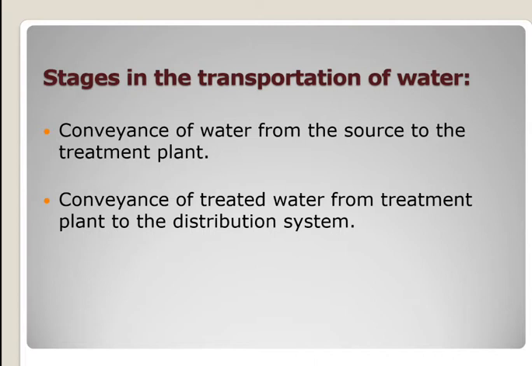Suppose the treatment plant is at a lower level, what we do is the water from the treatment plant after complete treatment will be pumped to a tank which is at a higher level, called an overhead tank, and then it is supplied to the public by gravity. Or in some cases it may be directly pumped to the water main for distribution. So these are the two stages of transportation of water.